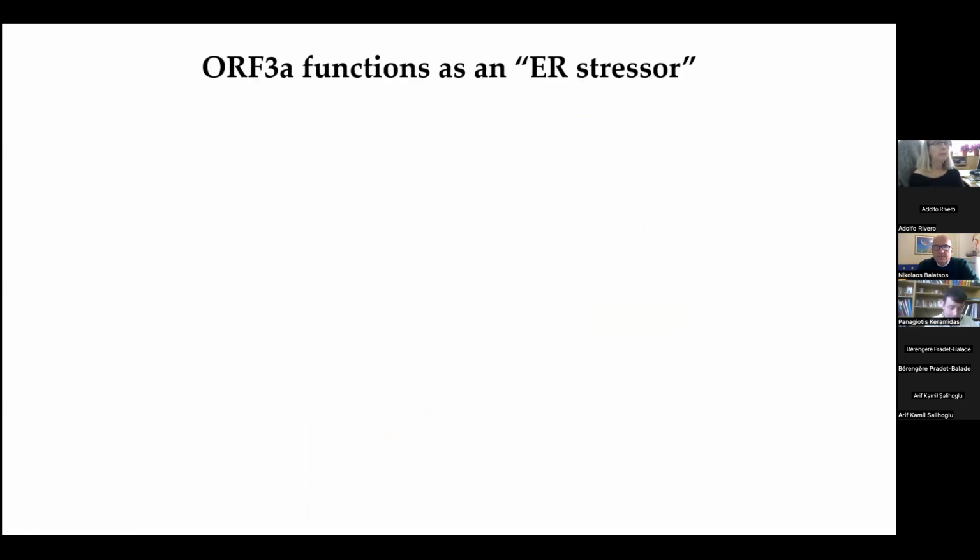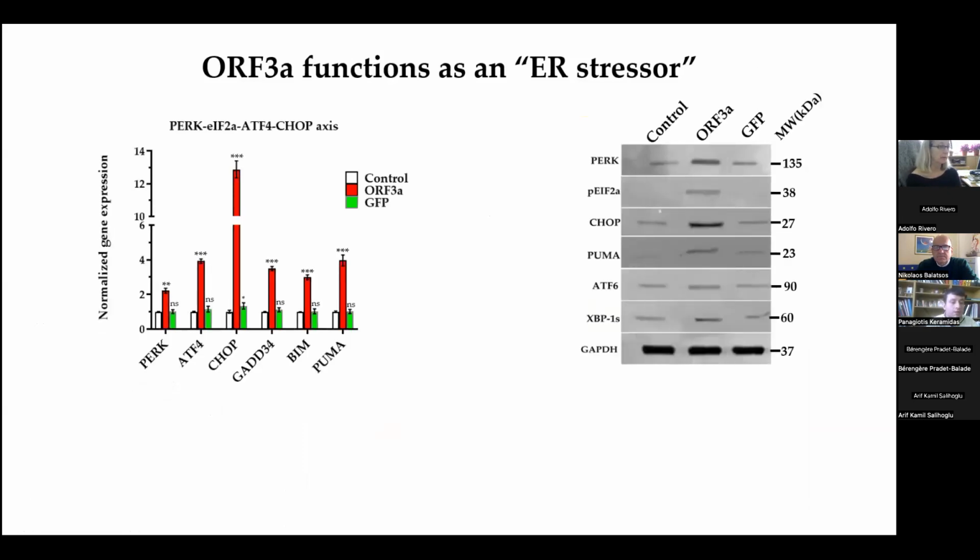Then we went deeper into the ORF3A functions, and we found that ORF3A functions as an ER stressor and can induce ER stress. In the ORF3A transfected group, we can see the upregulation of PERK, ATF6, and XBP1s, an executioner of the IRE1 pathway.